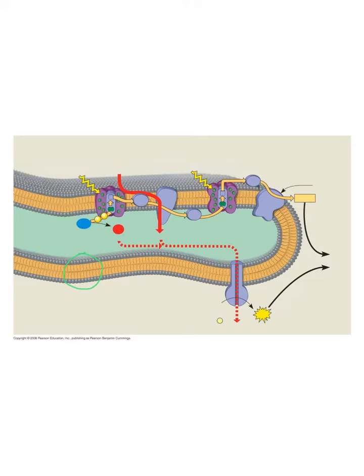Well, 2 of these are going to be really important because they contain chlorophyll. They have the light harvesting complexes within their matrix. And they call these things photosystems. We're going to identify one as photosystem 2, and the other one over here as photosystem 1.